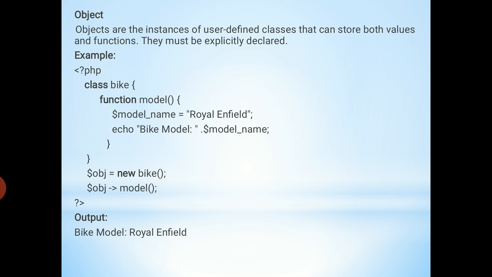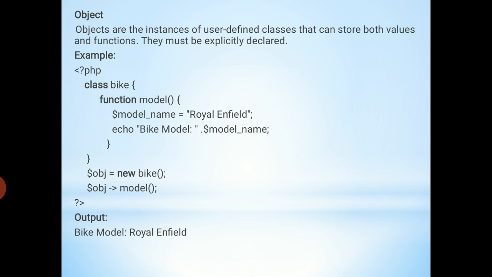Write the script, declare the class bike, open the curly braces, then create a function model, open the bracket, declare variable model name, assign the value Royal Enfield, then echo command is used, echo bike model and assign concatenation, then $modelname. Close curly bracket, function is completed, class is completed.